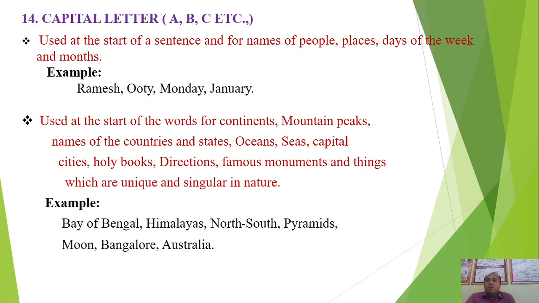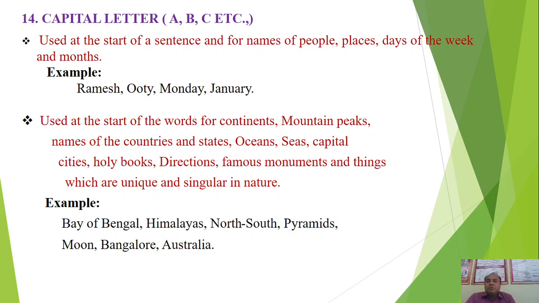Now we will move on to the next topic, capital letters A, B, C, etc. Use them at the start of a sentence and for names of people, places, days of the week and months. So please remember, capital letters are used for the names of people, places, days of the week, months. Example: Ramesh, Ooty, Monday, January.